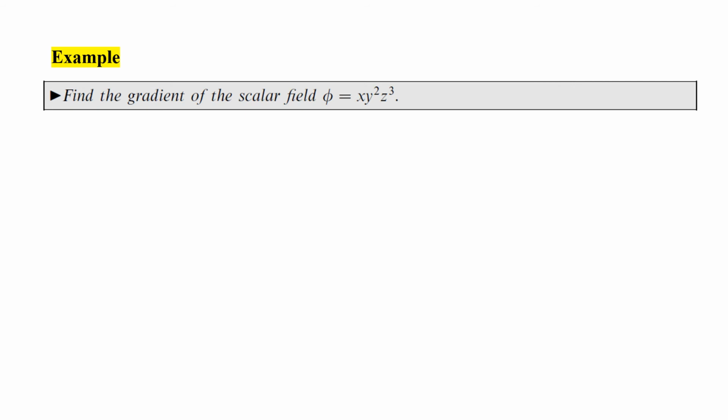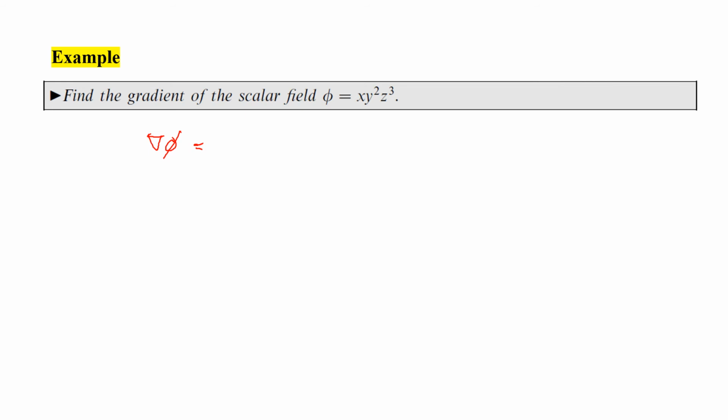So let's have an example. Find the gradient of the scalar field phi that is equal to x y squared z cubed. Here, we're asked to find the gradient of this scalar field phi. Just remember that the gradient of your scalar field, del phi, is equal to the first partial derivatives of your function.